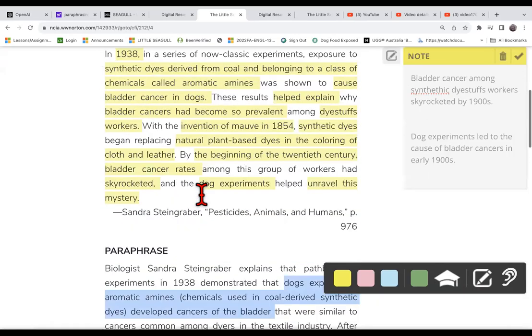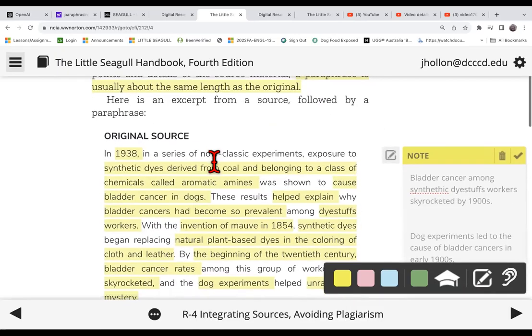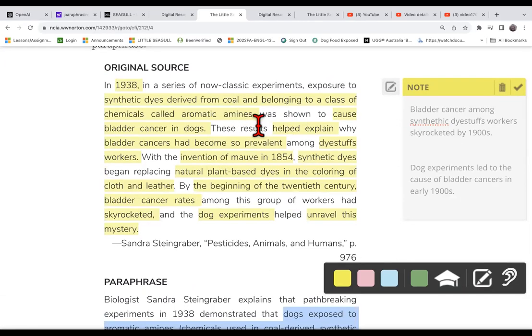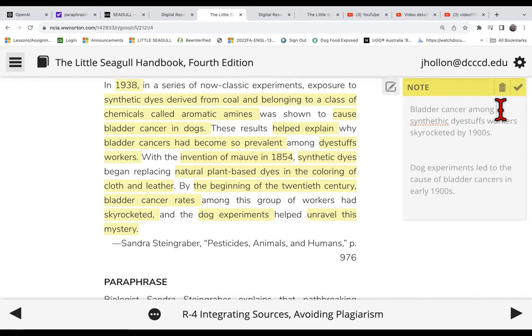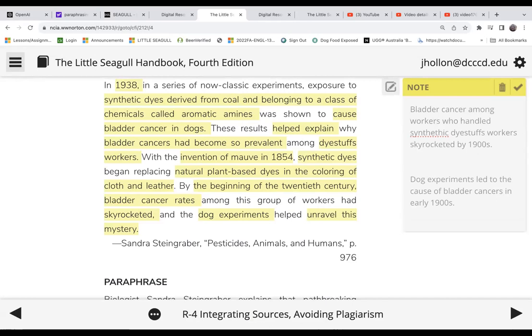Okay, so yeah, I should have put that in there because bladder cancer was still on the rise before synthetic was put in there. So, okay, I'm going to put among dye stuff workers who handled natural dyes.